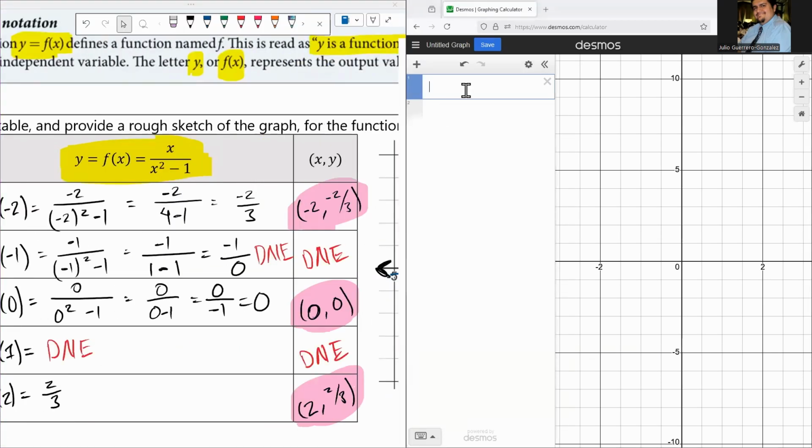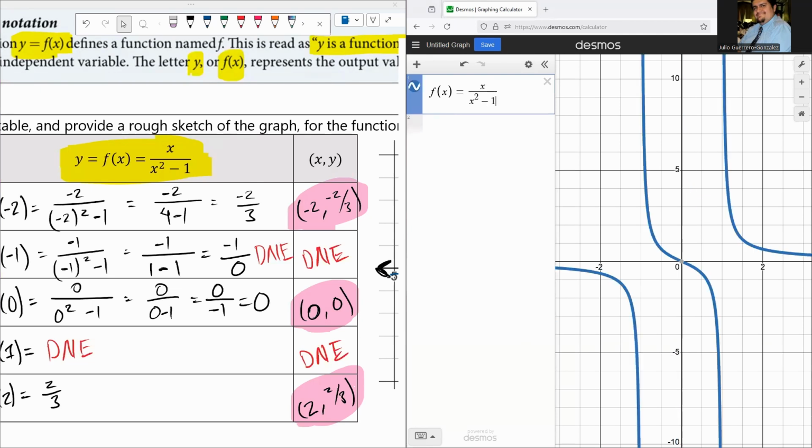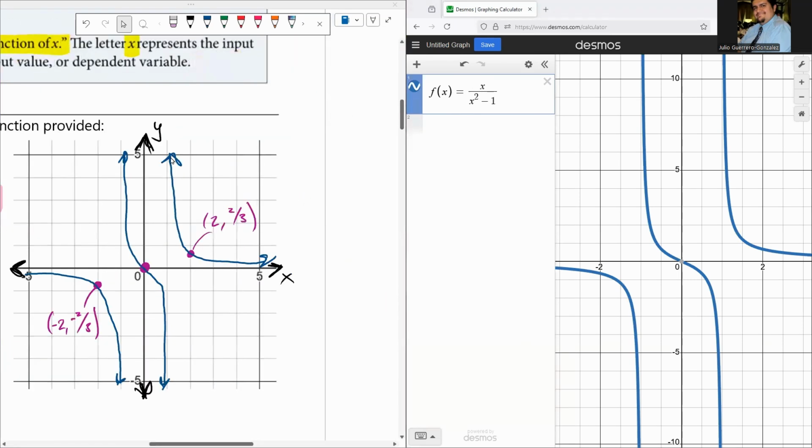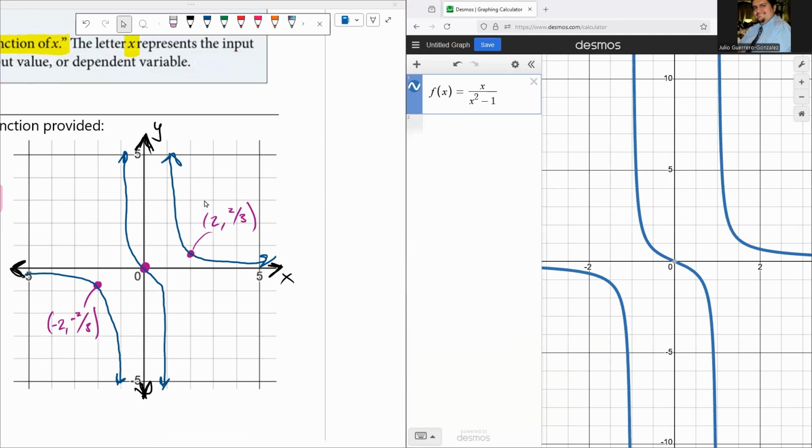The reason why I like Desmos so much is because when you type in x divided by x squared minus 1, it makes it look like the thing that you were looking for to begin with. And if you take a look at my graph, look at that. It's crude, it's god-awful, but I did pretty good, right? In particular, it matches my graph that's through Desmos.